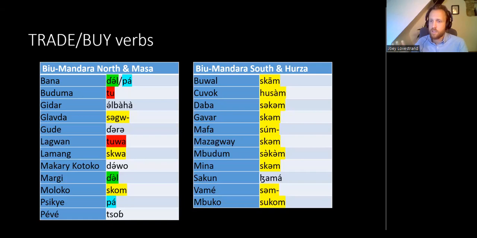And so here we see this clear pattern with this SKM root that occurs in almost all of the Biu-Mandara South languages and perhaps in Sakun as well. I'm not sure what the relationship would be between that voiced lateral fricative and the other possible cognates. So that's potentially a cognate as well. But clearly there's some cognates there.